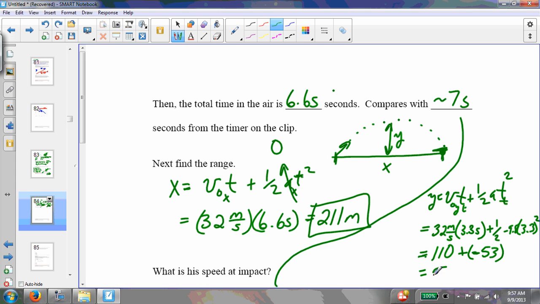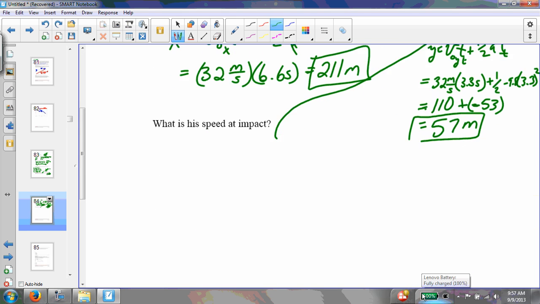And I get 57 meters. Again, maybe a little high, but not absurd. All right, so that's my y range, is 57 meters. And I also want to know, what is the speed at impact?